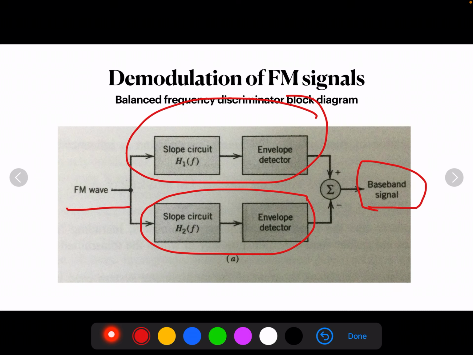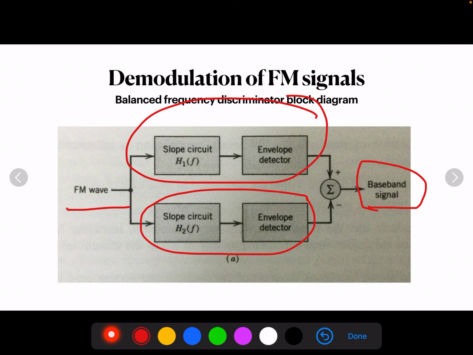Here the frequency modulated signal in the slope circuit is applied to a tank circuit which is built in the slope circuit. The center frequency is Fc, and the frequency deviation is delta F. When the frequency of the input increases, it becomes closer to the resonant frequency, which in turn increases the amplitude, or you can say output voltage.